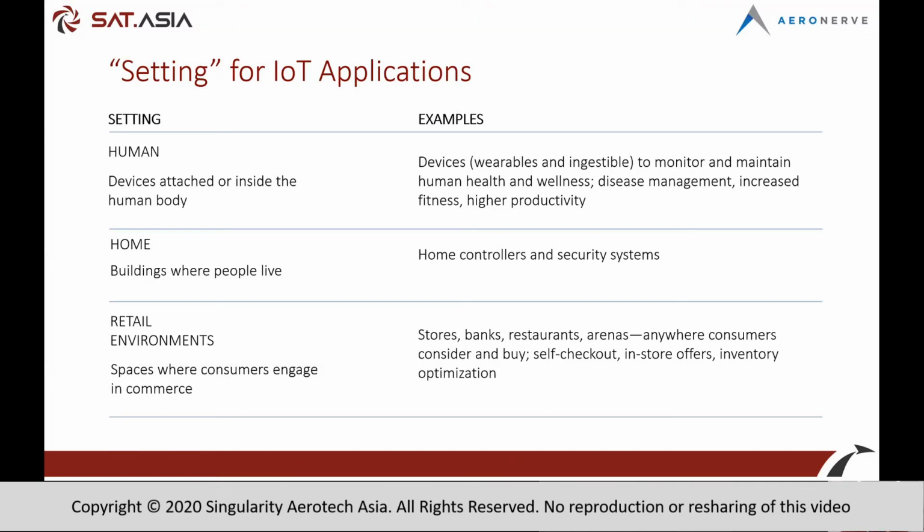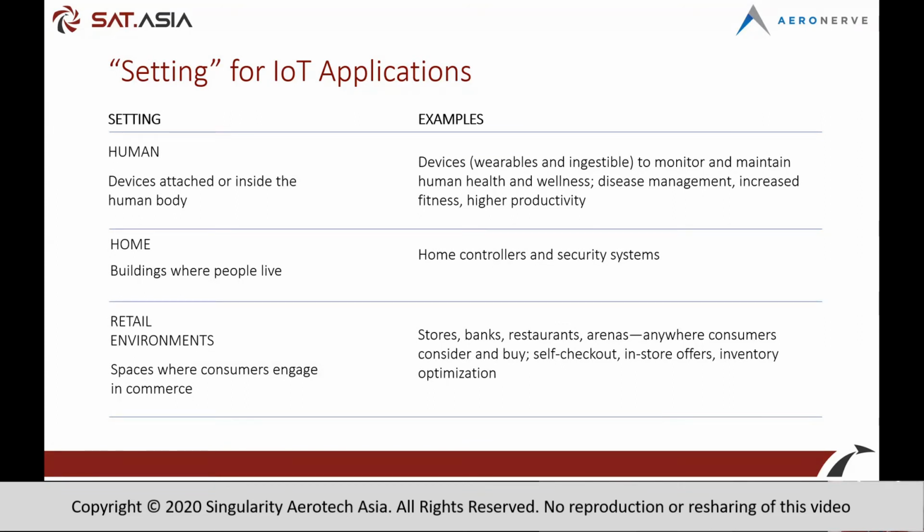The building where people live. I'm pretty sure some of you have heard about smart home systems. At your house, for example, you have air conditioning, lightings, kitchen, fans, and smart home means that you can control them, or the house can switch on and off by itself.